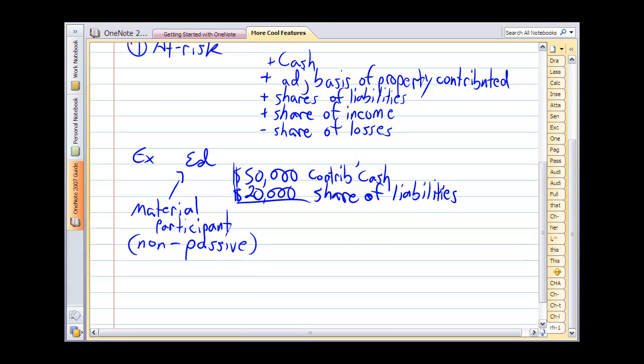That means that his risk amount is going to be a total of $70,000. He has this much at risk, $70,000. So it's the cash he put in plus the debt that's on him, the partnership debt that he's guaranteeing. All right.